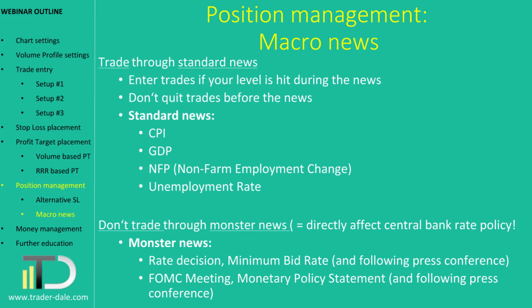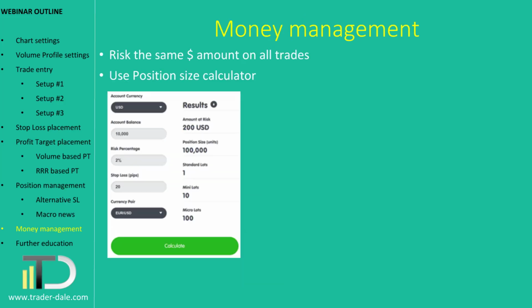Well, there was a very nice example today on the euro dollar. There was an ECB rate decision and following press conference. So this is exactly what I'm talking about. Crazy movement, unpredictable movement, all right? You don't want to be trading your swing trades during such monster news, but it's quite all right to trade during the standard news.